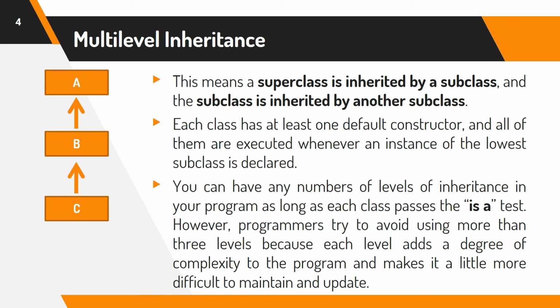You can have any number of levels of inheritance in your program as long as each class passes the is-a test. However, programmers try to avoid using more than 3 levels because each level adds a degree of complexity to the program and makes it a little more difficult to maintain and update.